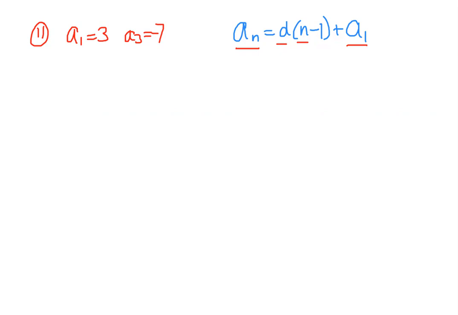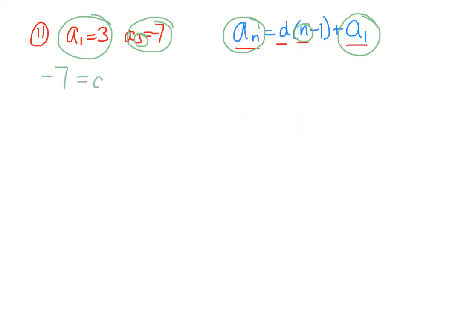So here we know a1, so we got that one, and we know a3, so we can use that. And if we're using a3, then we know n, so we don't know d. So we're going to say a3 equals d times 3 minus 1 plus a1. Okay, see what I did there?